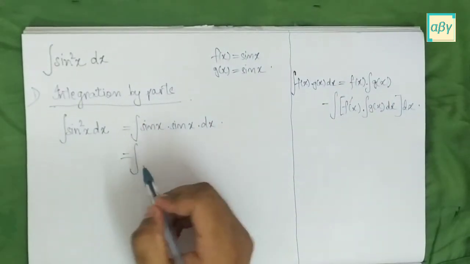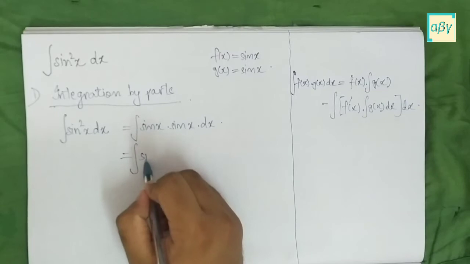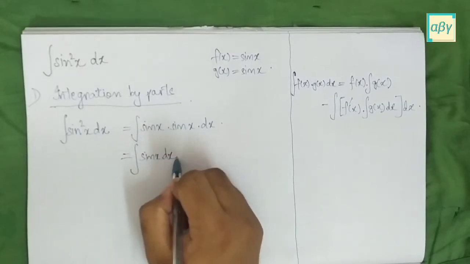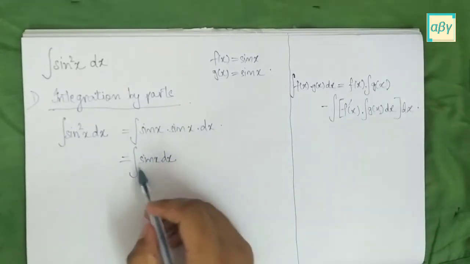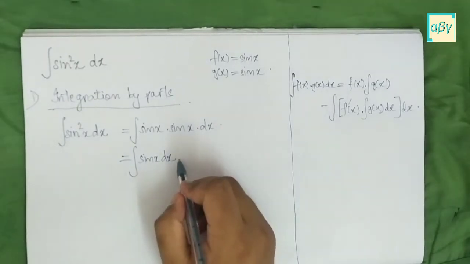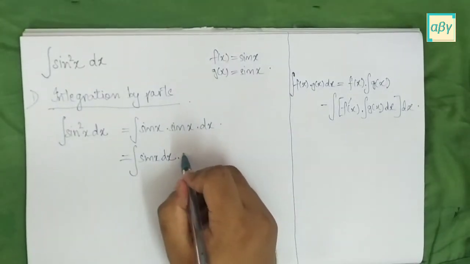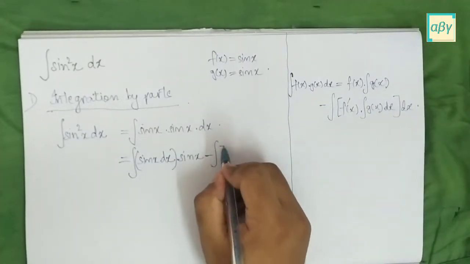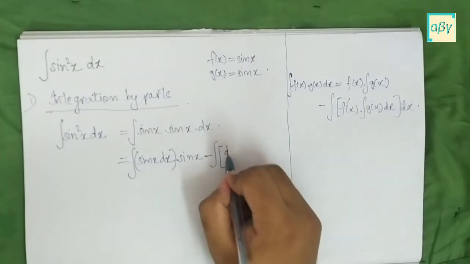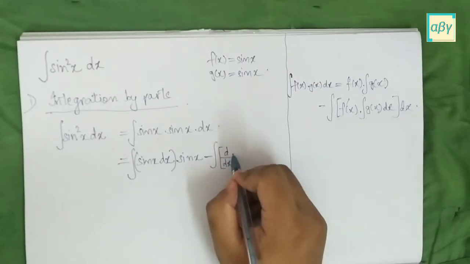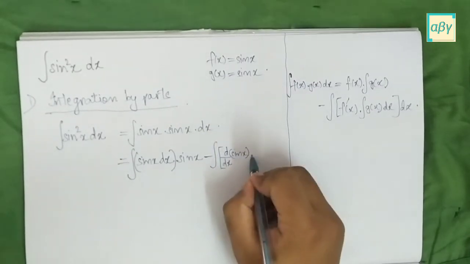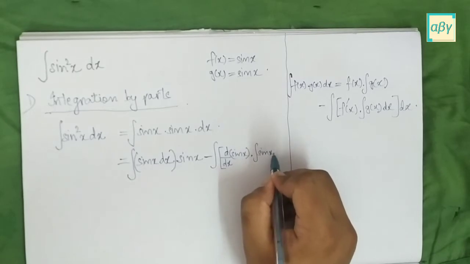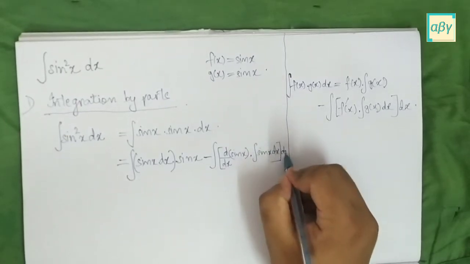So it will be equals now integration of sine of x dx. Here we have to integrate g of x, so I had integrated sine of x into sine of x minus integration of whole of differentiation of f of x, that's sine of x again, times the integration of sine of x dx whole dx.